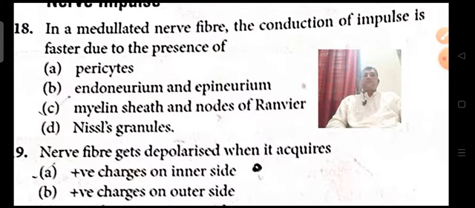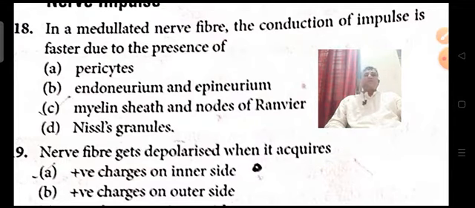When electricity is passed through uncovered wires and covered wires, you can see that the covered wires are coated with plastic, and they will also transmit the information very fast.